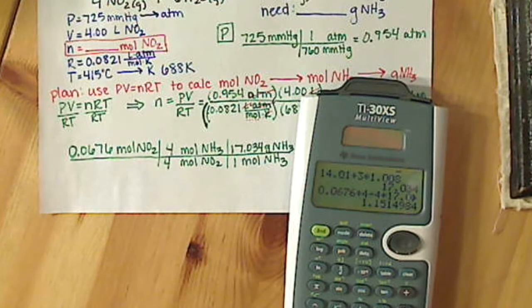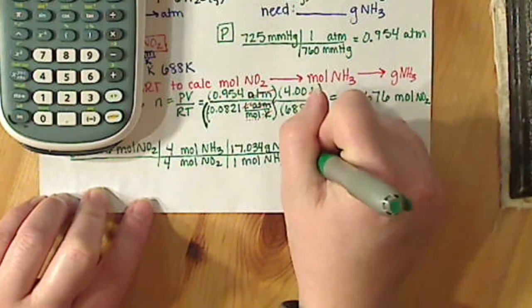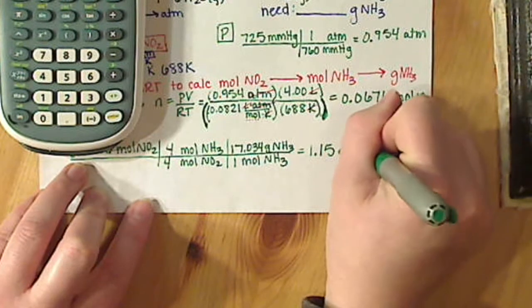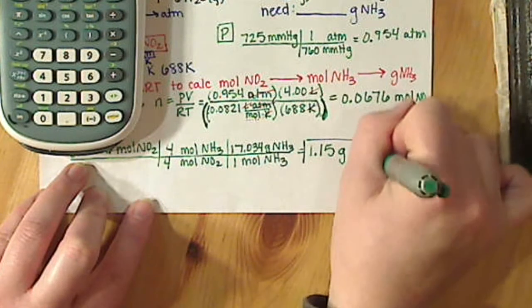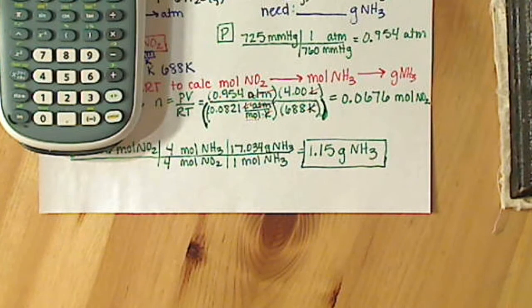We're still working with 3 significant figures, so I have 1.15 grams of ammonia. And that is my final answer.